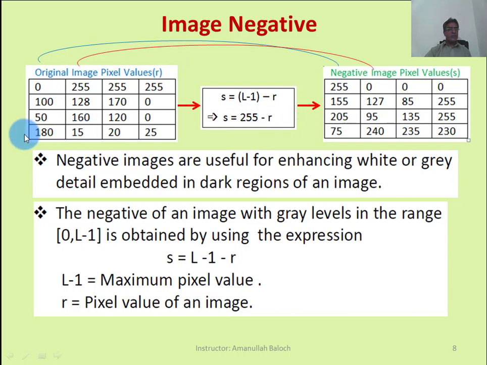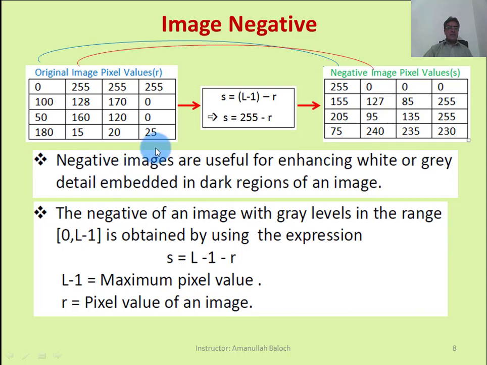The fourth line, first column pixel value of the negative image is 75. This transformation function transforms it from 180 to 75 by subtracting 180 from 255. Negative images are useful for enhancing white or gray detail embedded in dark regions of an image.